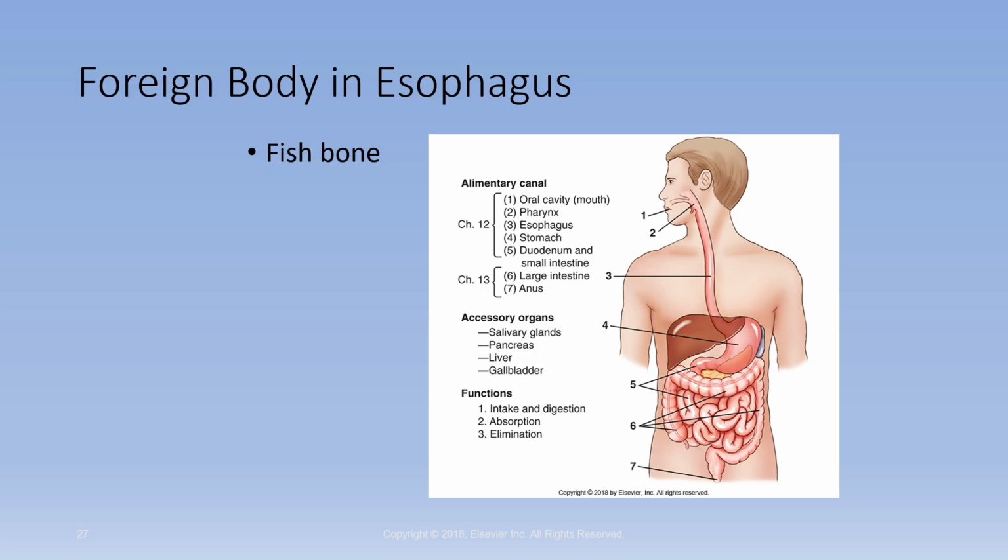So fishbone is one that I have listed here. I've seen a patient accidentally inhale a sewing needle while she was holding the needle in her mouth, getting the thread ready. Fish bones, chicken bones, coins. I've seen little kids swallow coins before.